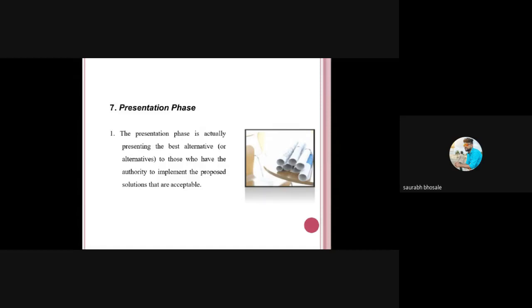The next is a defined plan of action will be submitted. Okay, then the plan of action will be submitted, how we are going to reduce the cost of the product, or how we are going to increase the sale of the product, the valuation of the product. The approval will be taken from the decision maker.